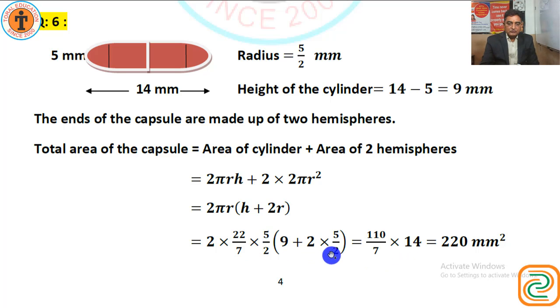Here also 2 cut, 5 plus 9, 14. 7 2s are 14 and 110 2s are 220. 220 millimeter square is the total surface area of the capsule, medicinal capsule.